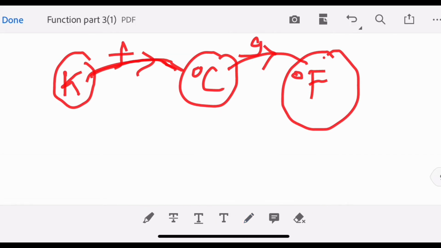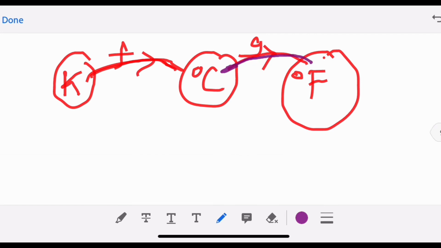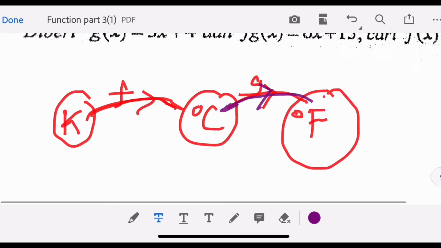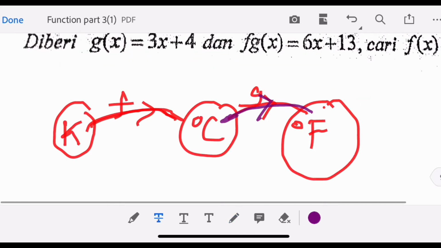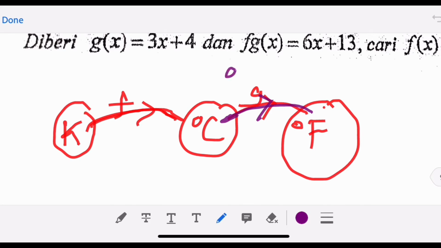If I say function you get lost, so I say formula you like it. There is another formula to convert Celsius to Fahrenheit, which is g, right? It was given in the question. Celsius to Fahrenheit is g, so I write the function is given by g(x) is, what is the g(x) given? Let me write down now. g(x) is 9 over 5 x plus 32.